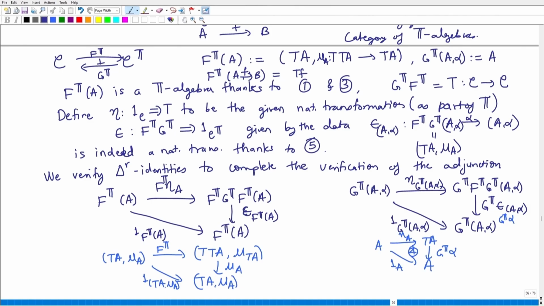Okay, F_T is just T, and what is G_T? G_T of A alpha to B beta, and this map f, I think it is just f. Don't need anything else.